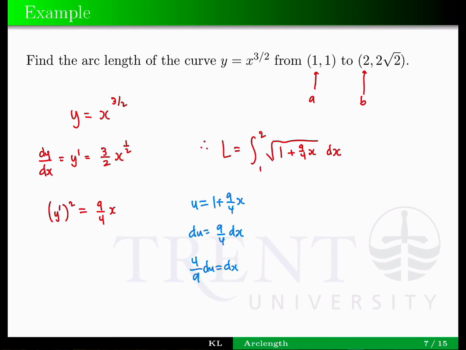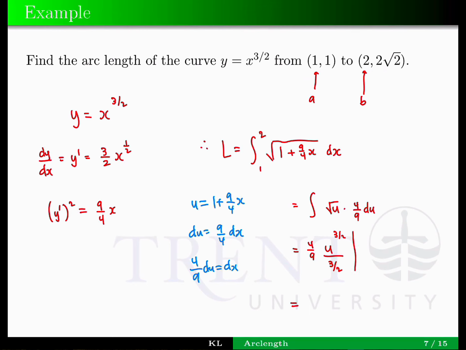So this becomes the integral of square root of u times 4 over 9 du. So this will become 4 over 9 u raised to 3 halves divided by 3 halves, evaluated from somewhere to somewhere.